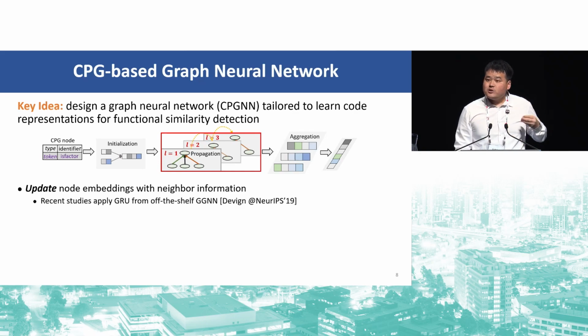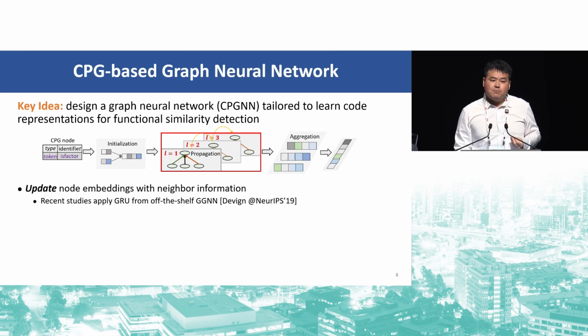Generally, there are several technologies that can be used to do the combination. Recent studies often use the GRU from the off-the-shelf GGNN. We know GRU is designed for solving the gradient vanishing problem. In our empirical evaluation, we find that 4 iterations is enough to capture features for functional similarity detection.